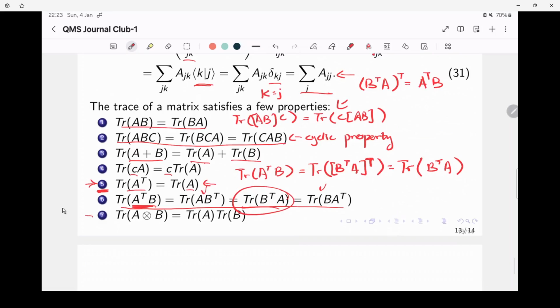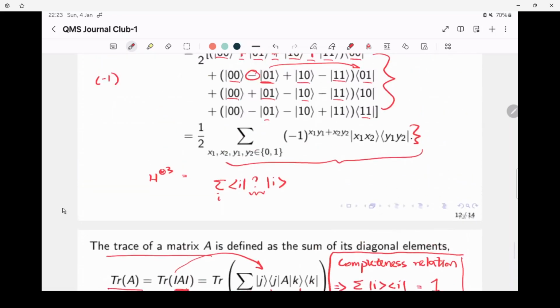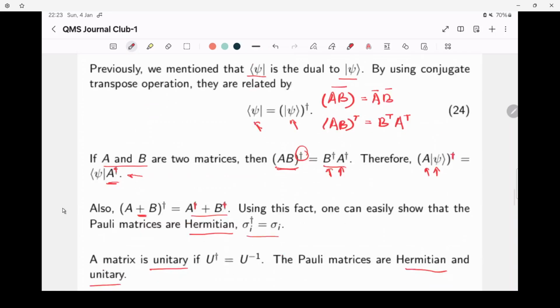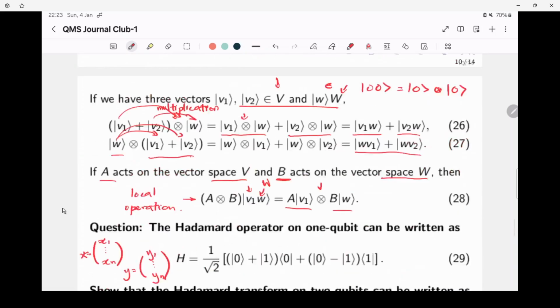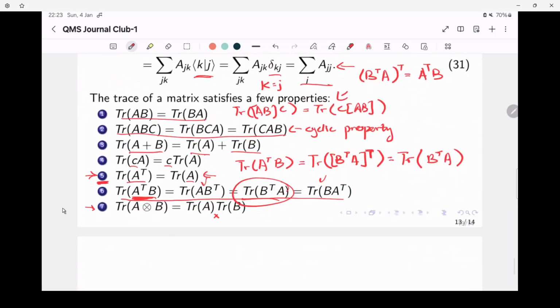The last one, A tensor with B, when you trace it, is equivalent to the multiplication of trace of A with the trace of B. So a very quick way for you to see this is when you look at how the tensor product is being formed. Essentially, you are multiplying A with B when you look at all the diagonal elements. So that's why you have the last property over here.